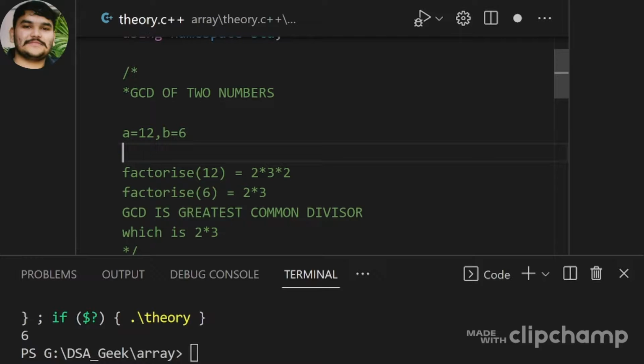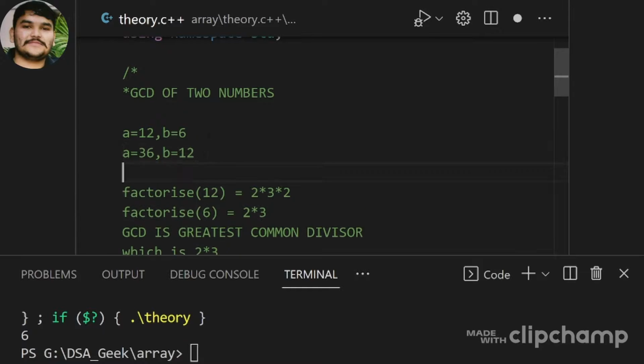Let's take a different example and dry run the code so that we can understand very easily. Let's take A as 36 and B as 12.